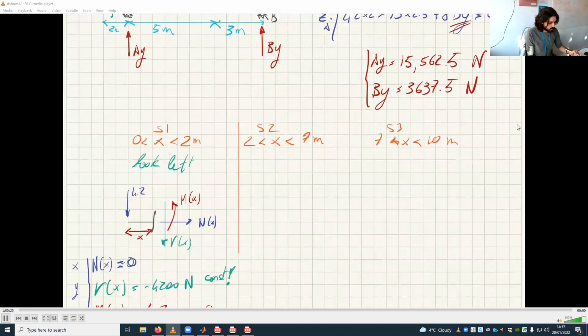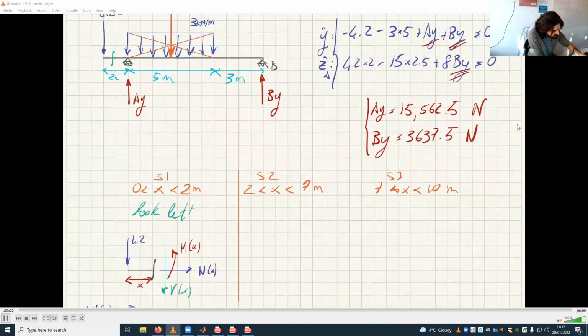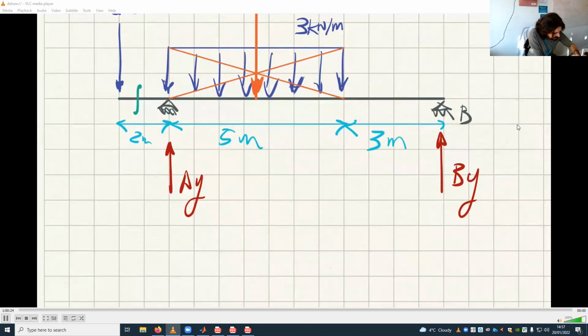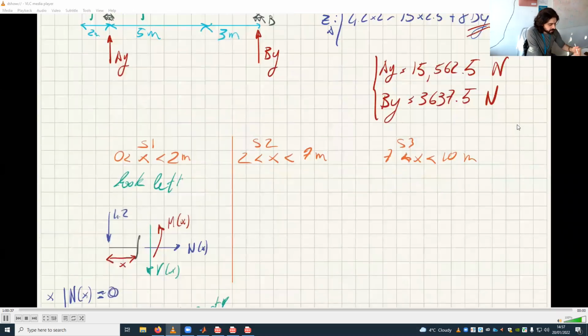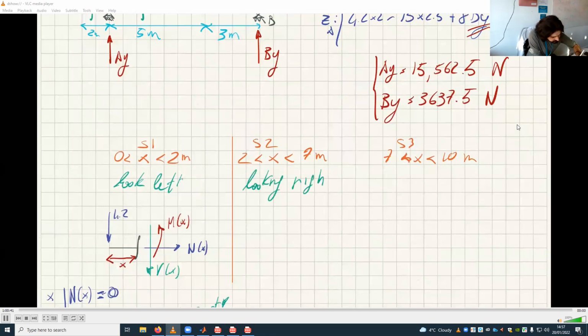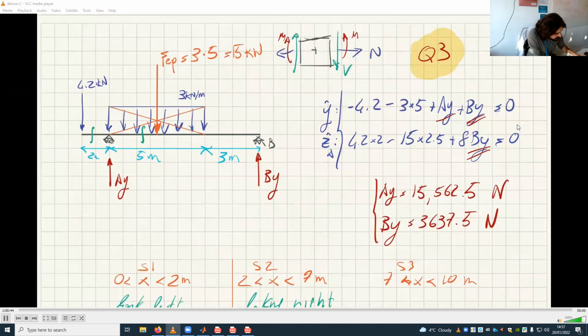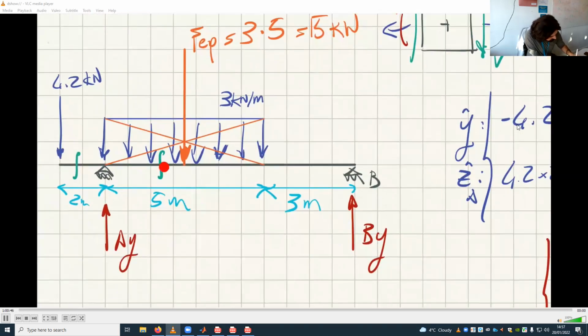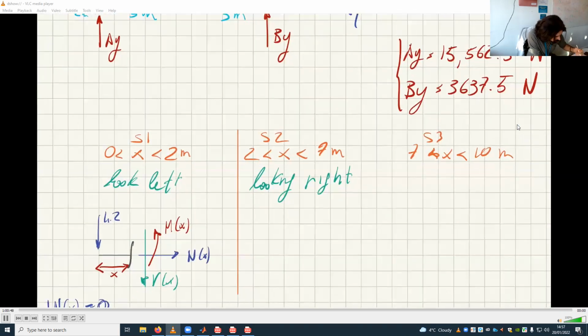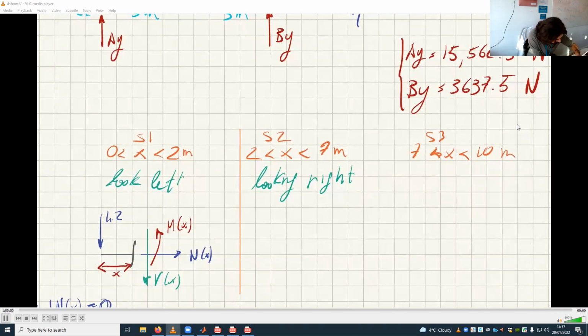Now we can find the other one. Inside this segment, I cut at a generic point, and I can look left or I can look right. Which one's easier? I think it doesn't matter. So let's look right, because I want to show you something that you should remember. If I draw everything that is on the right of this, I have to draw a chunk of load.